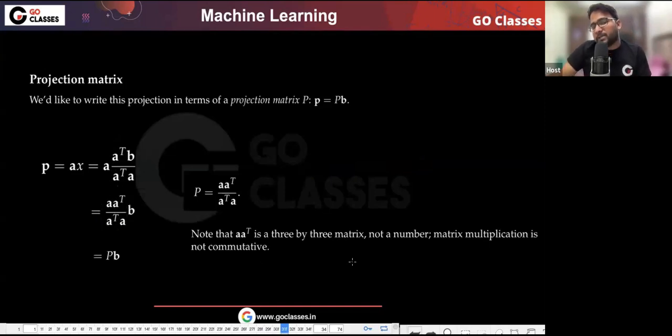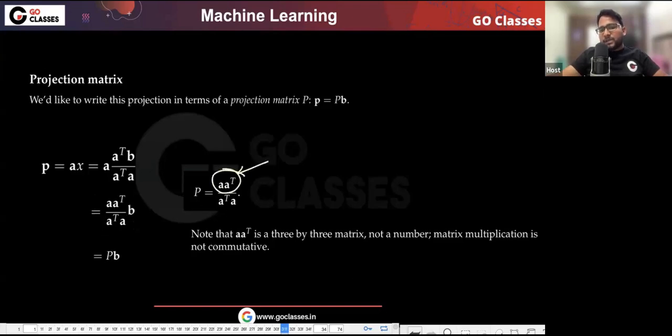It is just a way of thinking. Projection matrix is nothing new; we have already studied this formula. It is just a way of thinking that, let me take something such that only b remains on the right hand side, and I will call this a projection matrix. By the way, this A transpose is not a scalar; it is a matrix.